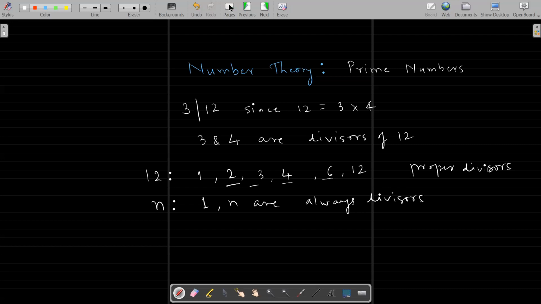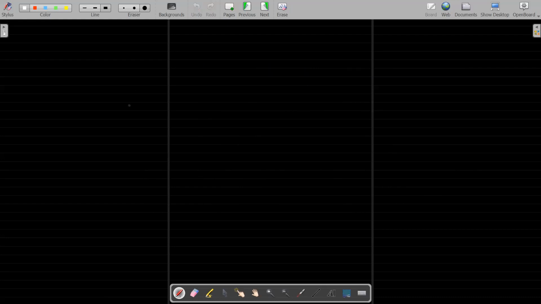Okay, so I want to define precisely what is a prime number. Definition. A natural number n greater than 1. So by very definition, 1 is not prime. We define prime as a number greater than 1.